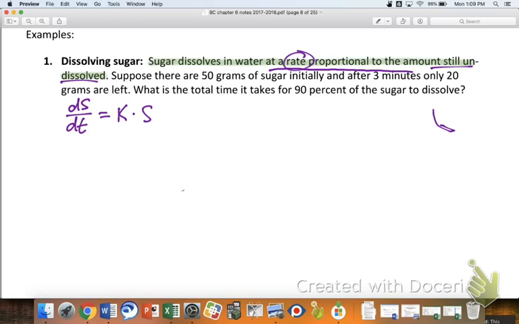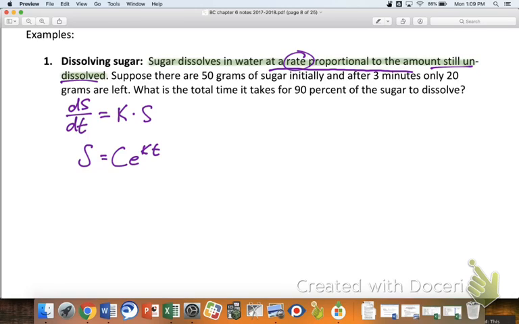So there are a number of different ways this could go. If you watched the intro video, you saw me develop this. The truth is that this differential equation has a solution along the lines of S equals Ce^(kt). You definitely need to know how to go from that differential equation to that solution curve.